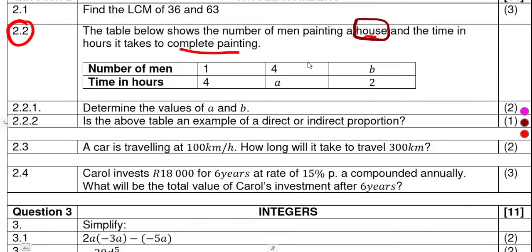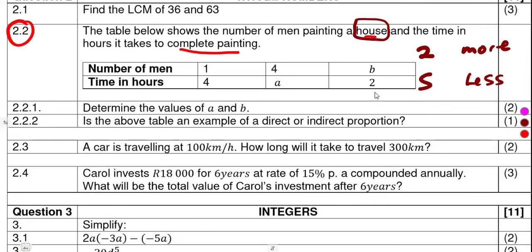Then you take 5 men to paint the house. What is going to happen? You see that 2 men will take more time compared to 5 men. They will take less. When it comes to the time in terms of doing a job or completing a certain task with the number of men or the number of people, that one is an indirect proportion.